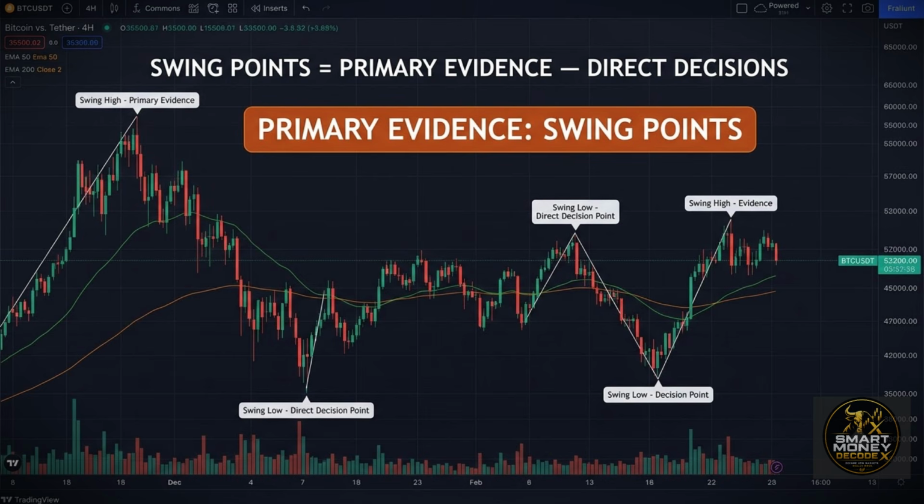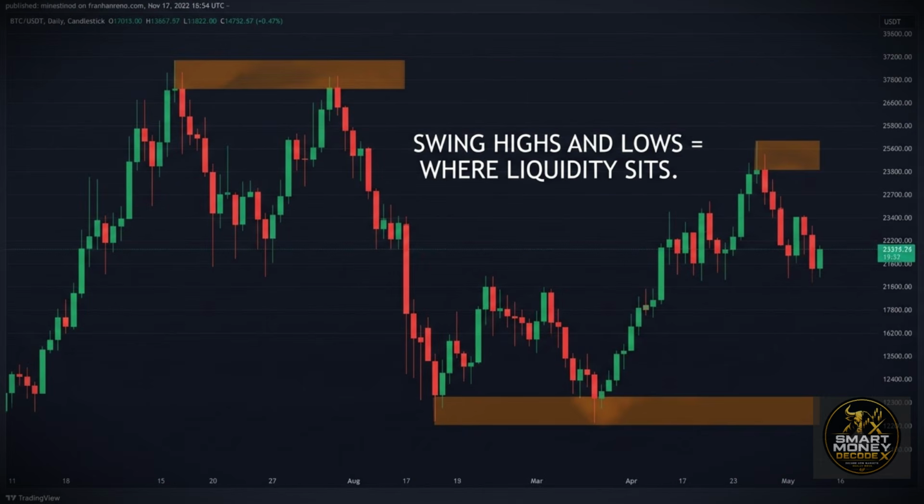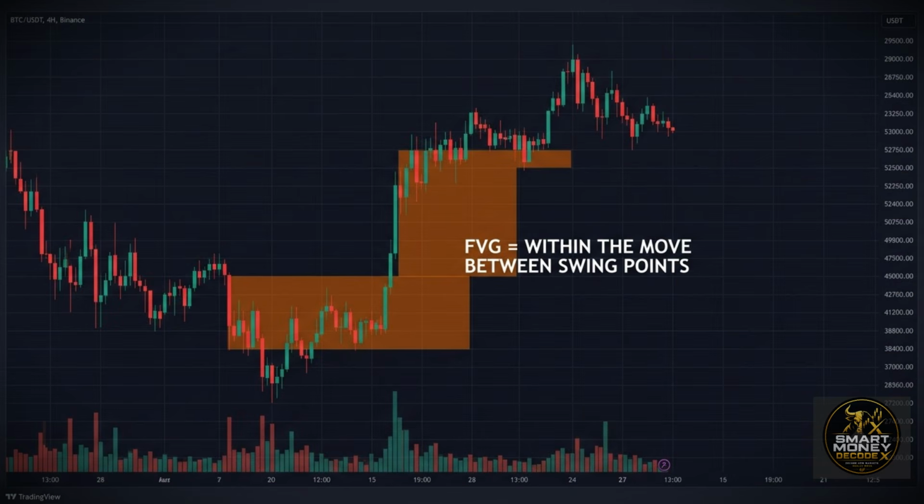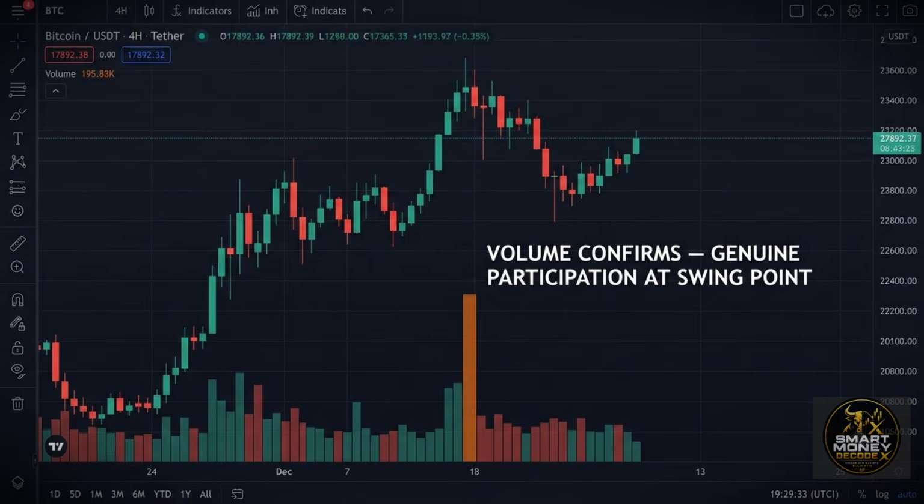Connecting swing points to everything that follows. Every concept from this point in the series connects back to swing points. Liquidity pools sit at obvious swing highs and swing lows. That is where the stop losses are. Order blocks form at the candle right before a swing point is created. That is where the institutional buying or selling originated. Fair value gaps appear within the moves between swing points. Volume analysis confirms whether the swing point was formed with genuine participation.